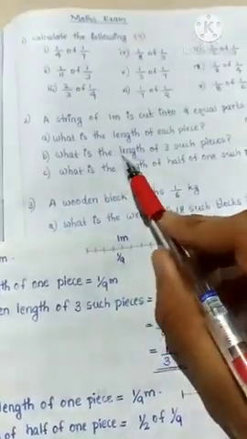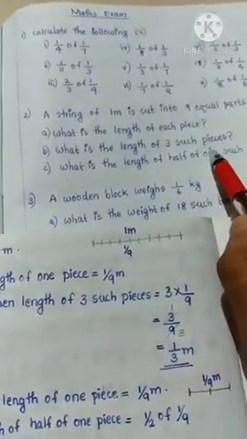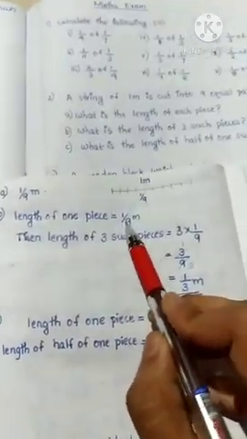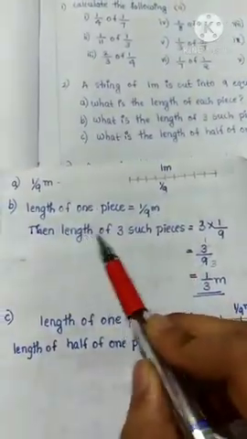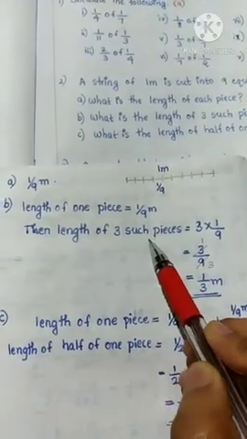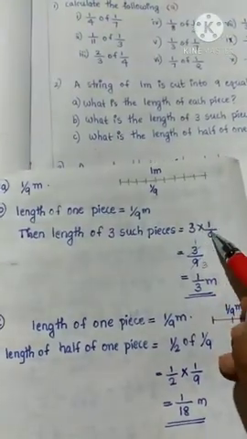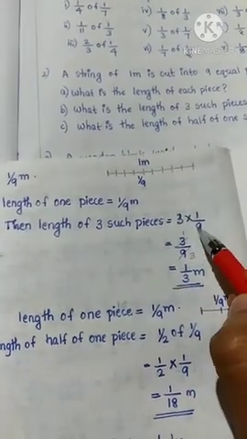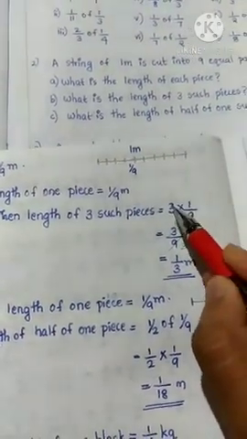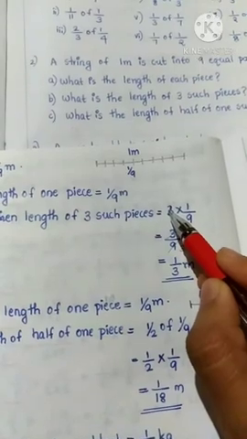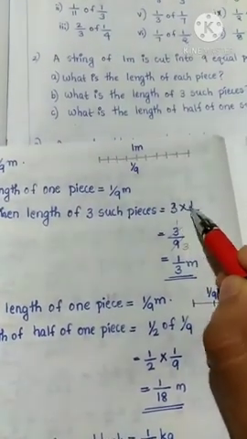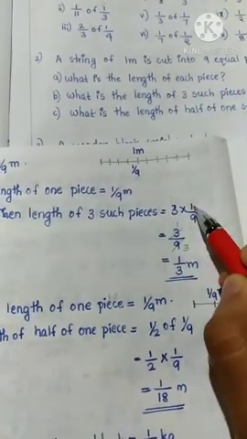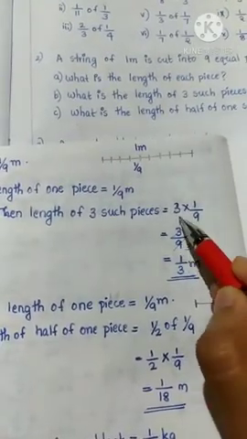Then what is the length of 3 such pieces? So the length of one piece is how much? 1 by 9 meter. Then the length of 3 such pieces is equal to 3 into 1 by 9. 3 is in numerator and 9 is in denominator. So here you have to multiply the numbers in the numerator together, that is 3 into 1. 3 into 1 is 3 divided by 9.